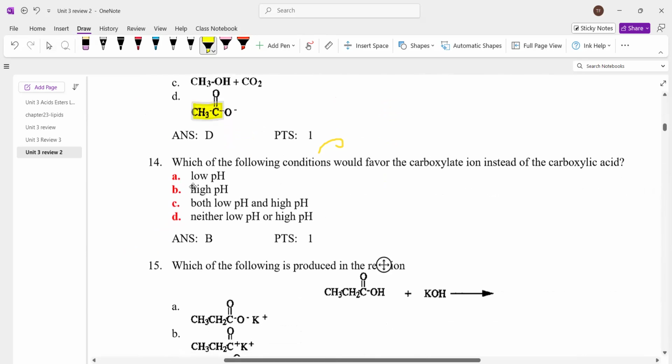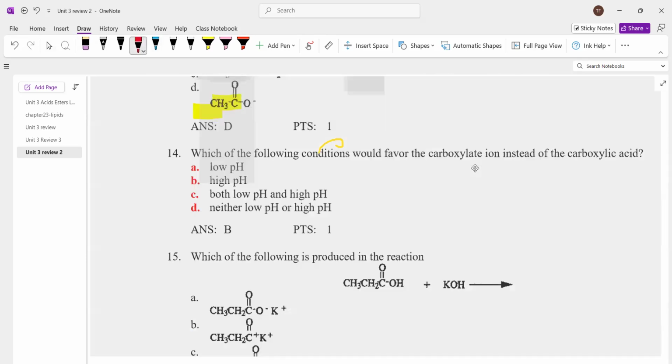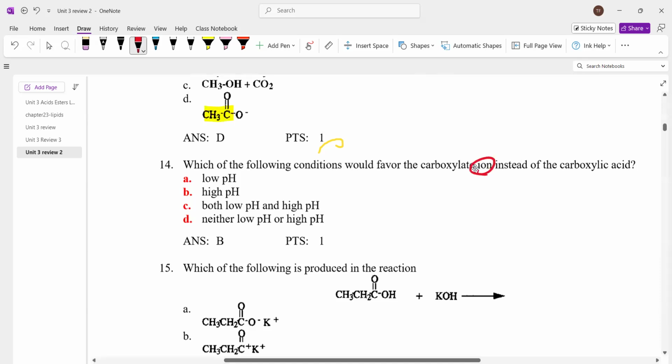Okay, so which of the following conditions would favor the carboxylate anion instead of the acids? Okay, so in high pH, that would take the hydrogen off, leaving the ion by itself.